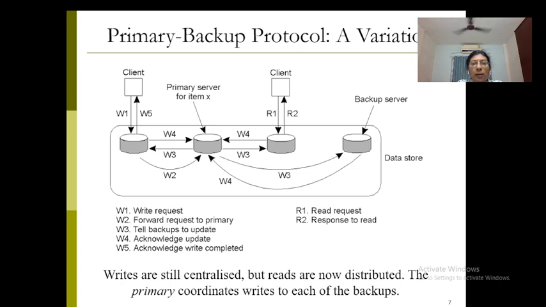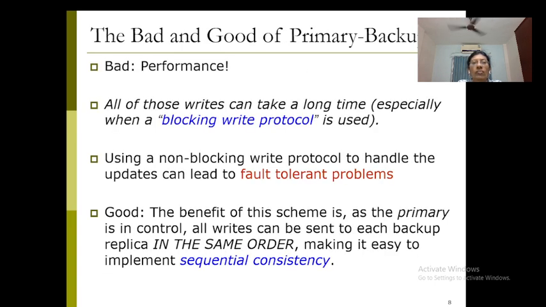Then primary backup protocol, a variation. Here, writes are centralized, but the reads are now distributed. The primary coordinates the writes to each of the backups. The bad and good of primary protocol. That is, bad is performance.